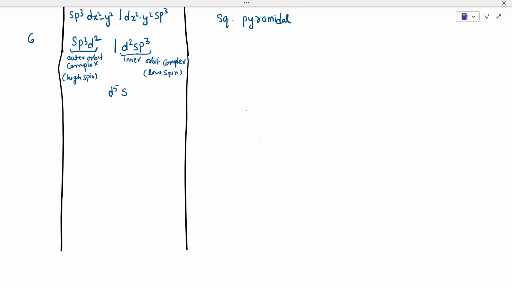So for sp3d2 and d2sp3 we will get octahedral geometry, and for d5s we will get trigonal prismatic geometry. If we have coordination number 7, then we will get hybridizations sp3d3, d2sp3 and d3sp3, or p3d4.